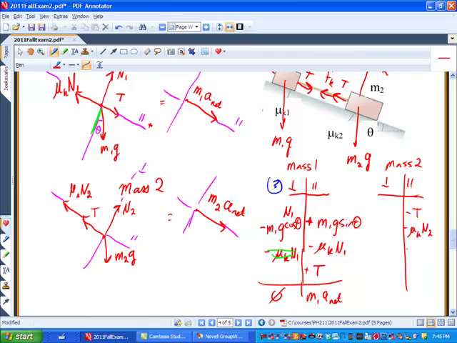And we also have some M2G sine theta and a minus M2G cosine theta in both dimensions. And we have a plus N2 in the perpendicular. And when we add these up, we get m2a net and 0.